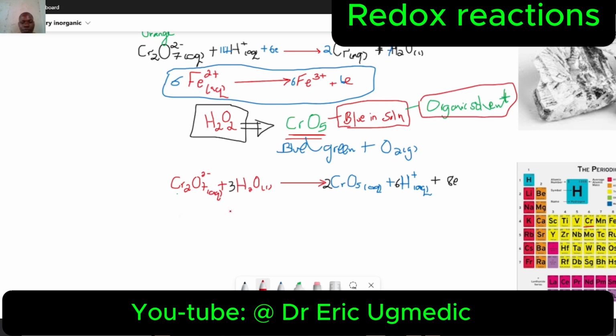And also, for the chromate, if it's the chromate instead of dichromate, it will also form the chromium pentoxide.